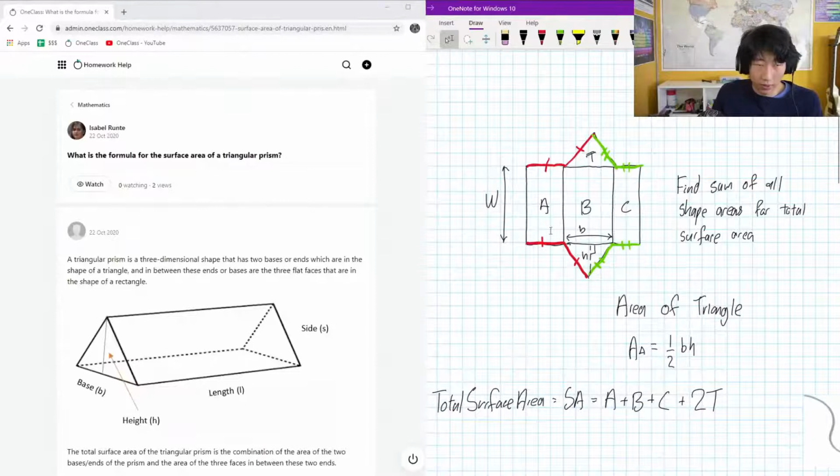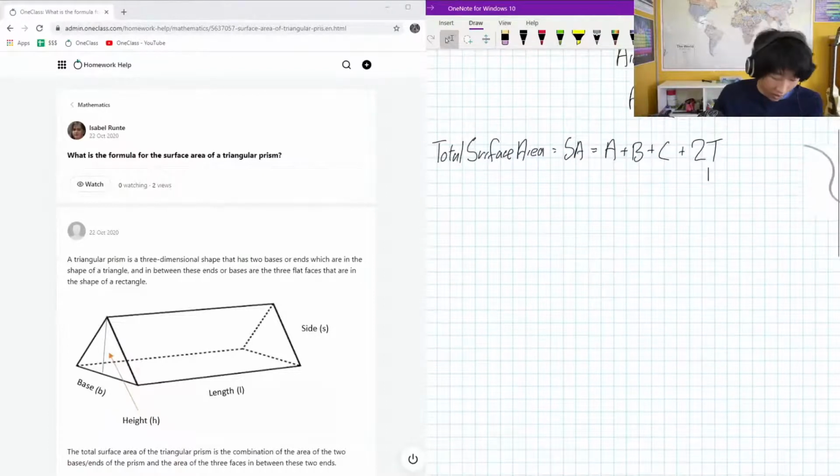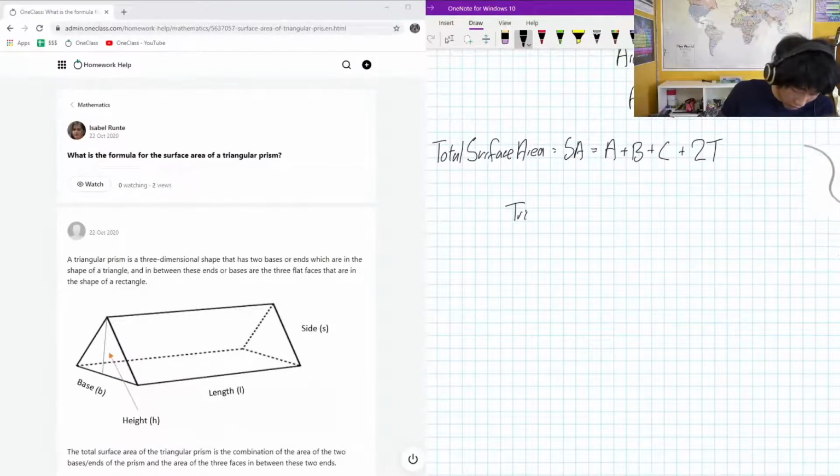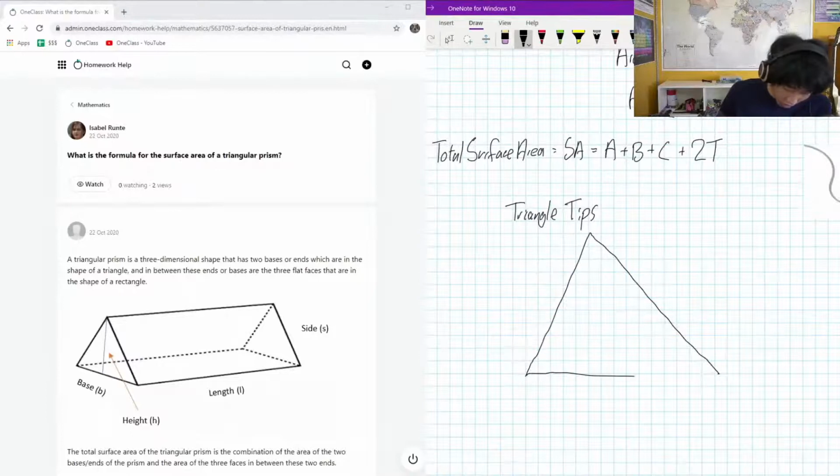Okay, now it might be difficult, you might not be given the red height explicitly, but keep in mind any triangle can be broken down into two right angle triangles. Okay, so let's say this is HL for the left hypotenuse.